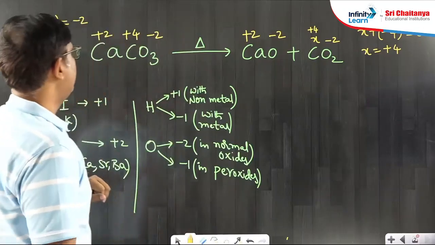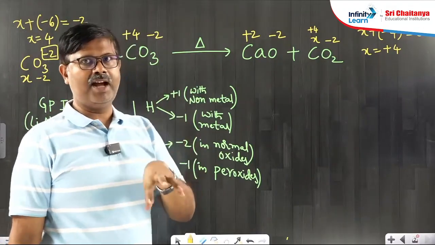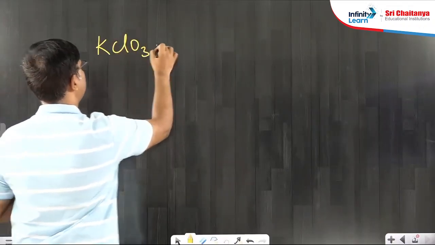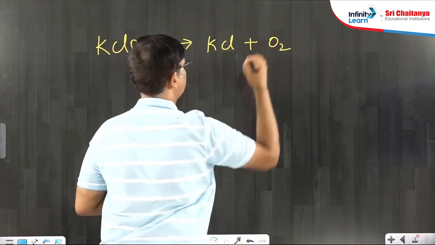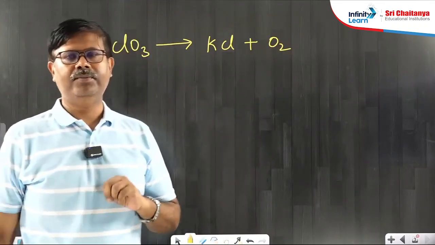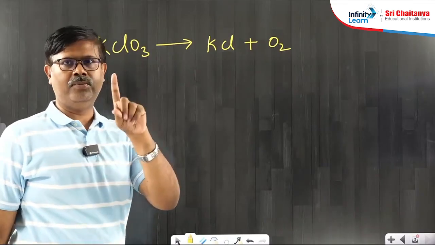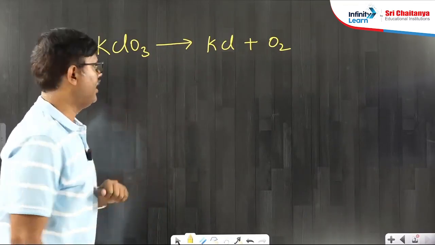Okay. Now let's take another example, which is a redox reaction, and see. KClO3 gives KCl plus O2. Now, in this potassium is which group element? First group. In the beginning we have written. First group means what? +1 state.